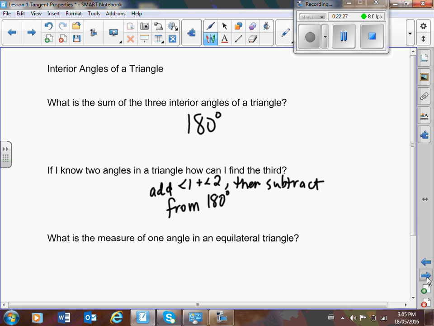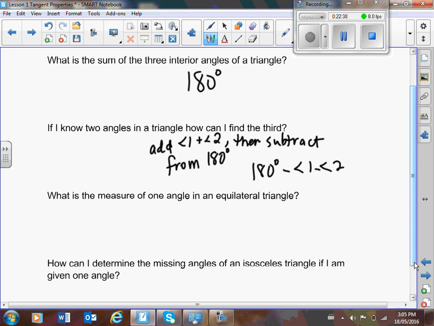If we wanted to write that out, we might do something like this: 180 minus angle 1 minus angle 2. What is the measure of one angle in an equilateral triangle? Again, we know all triangles add up to 180 degrees, and all 3 angles are equal. So one angle is 60 degrees.